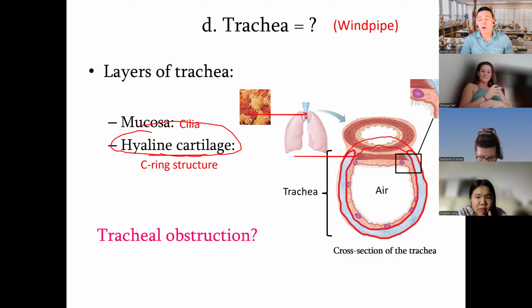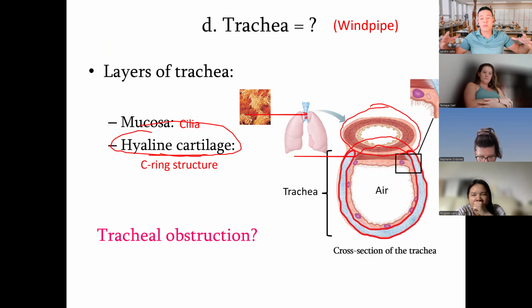Not that it isn't going to make it more stiff, but remember, what is behind the trachea, guys? The esophagus, right? Right here. Every time that we swallow, our esophagus needs to expand. Let's say again, you're swallowing a big piece of steak. Your esophagus will expand to accommodate the food that we're swallowing.